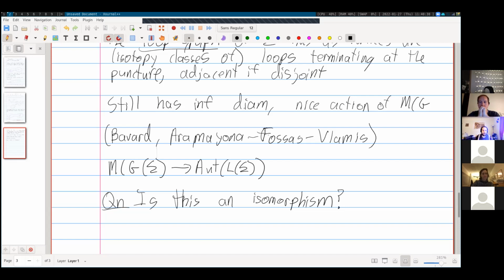It's just an index 2 subgroup of the one that contains all of the homeomorphisms, which when we're being careful we put a little star on, the extended mapping class group. An orientation preserving homeomorphism will also give you an automorphism of the loop graph. So the really interesting question is, does this give you an isomorphism?